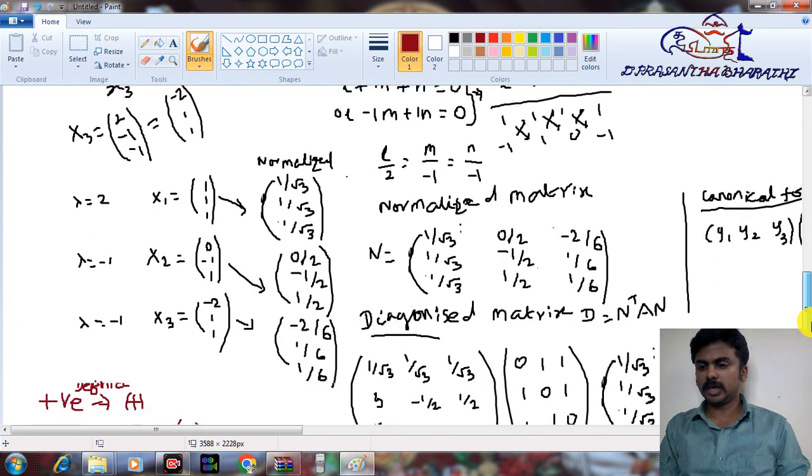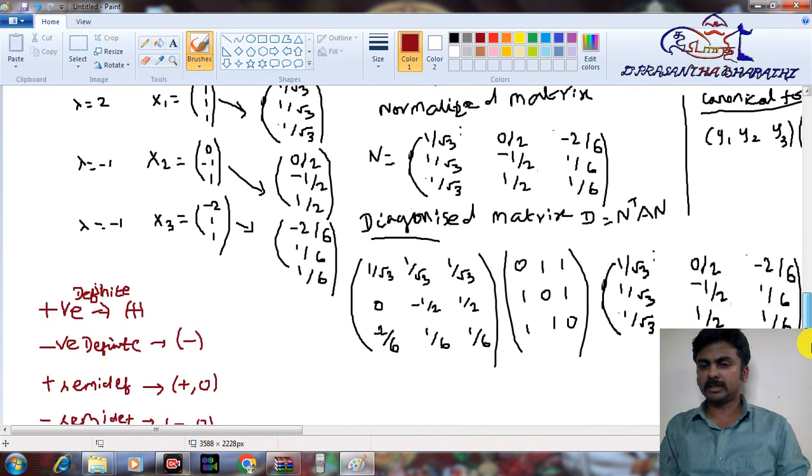Yeah, I have found some corrections here. Here it is root everywhere. So we cannot write it as minus 2 by root 6, or minus 1 by root 3. It is 2 by root 6 only.